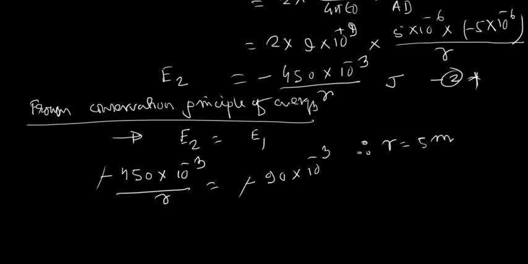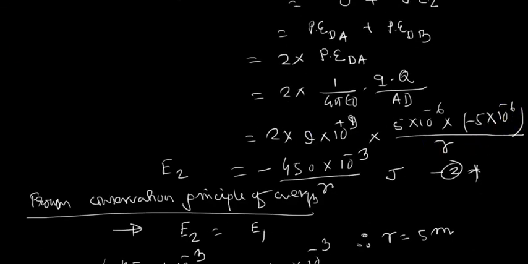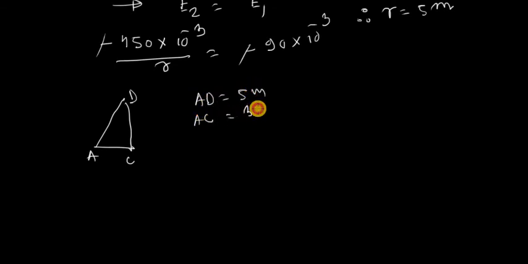Now say in the diagram, R is 5 meter, this is 3 meter. What is CD? So this is a right angle triangle ACD. From right angle triangle ACD, AD is our 5 meter, AC is our 3 meter.